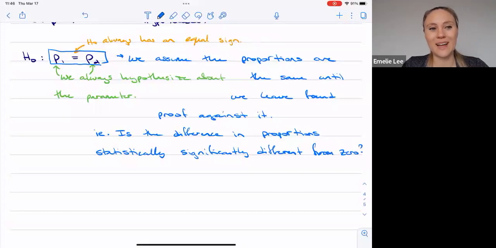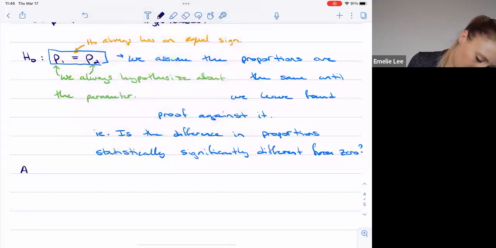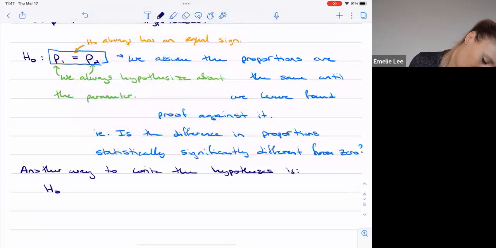Another way that we could write the null hypothesis is P1 minus P2 equals 0. So another way to write the hypotheses is H naught: P1 minus P2 equals 0.